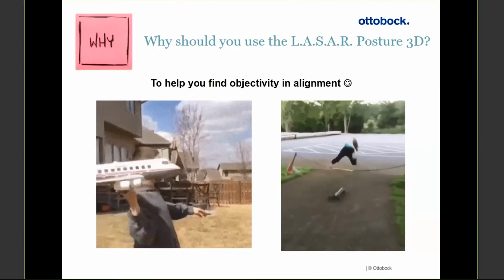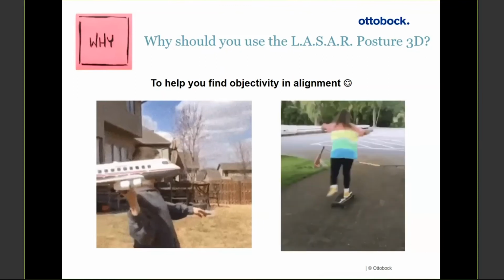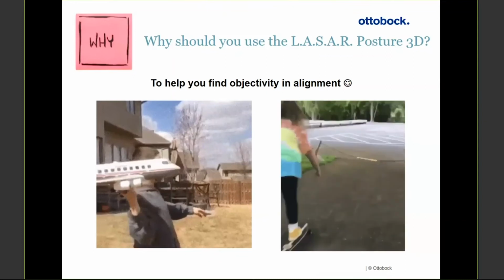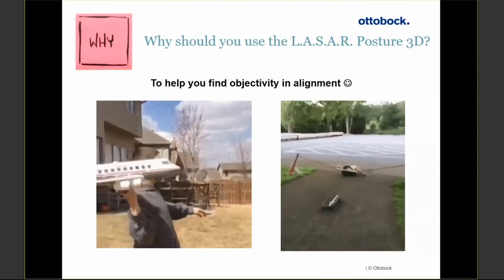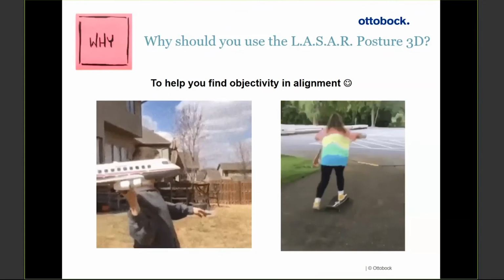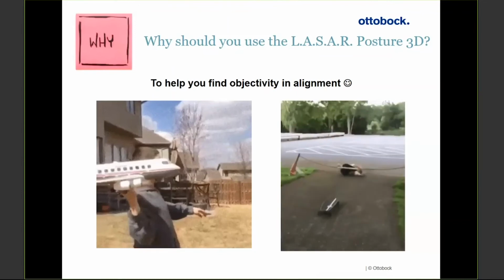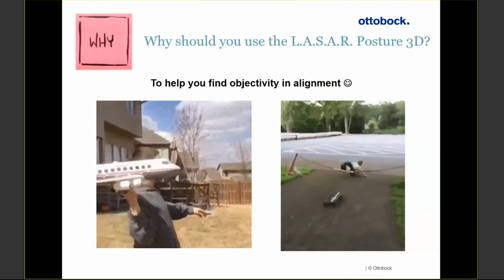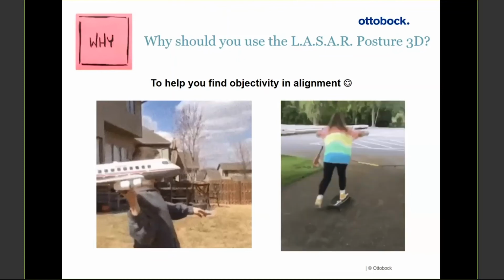But we certainly know that gravity has a huge effect on a body. And it's the same with ground reaction forces. We can't see them with the naked eye, but we certainly know that ground reaction forces can affect a joint or the movement of a joint.